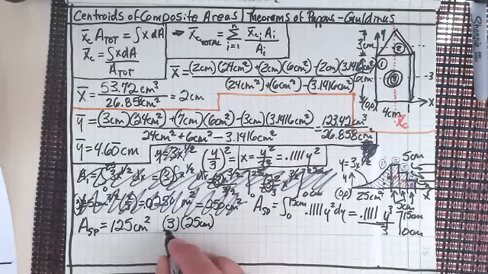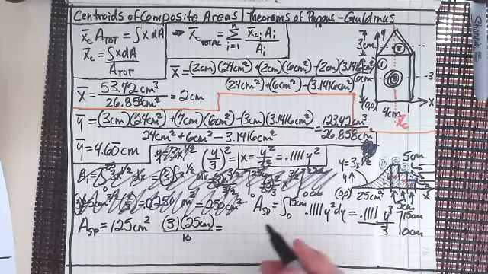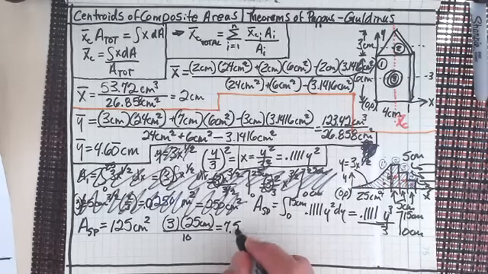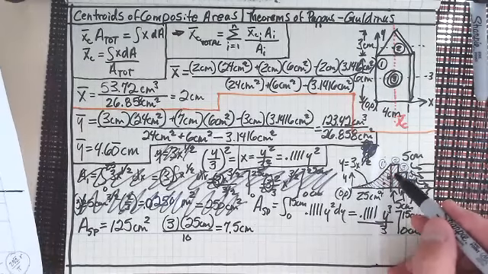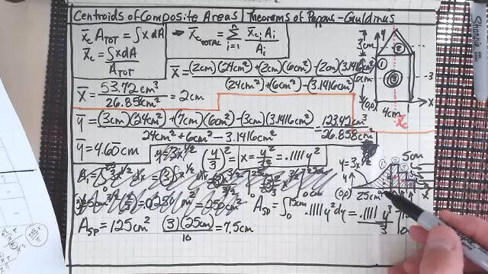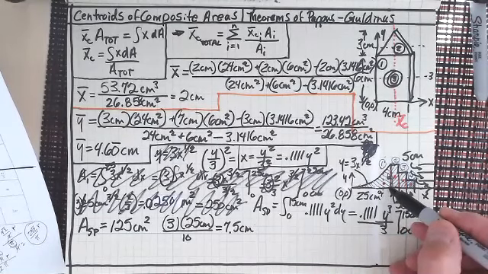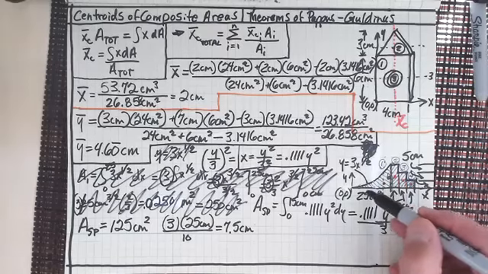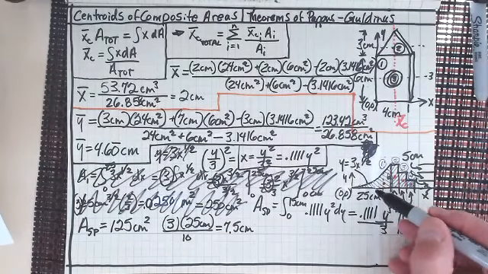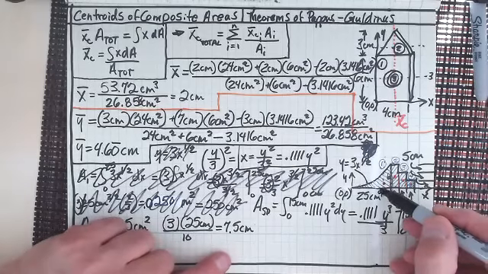I think everyone can see 75, so that's 7.5 centimeters. Right? Let's wait a second. 3 times 25 divided by 10. Yes, and that would be off this long side here, so 7.5.